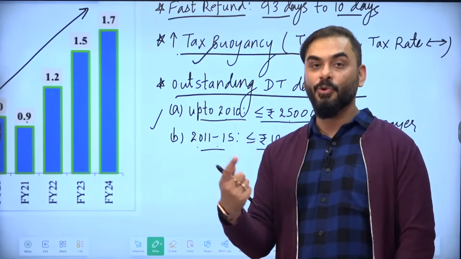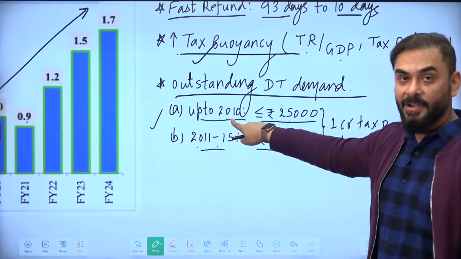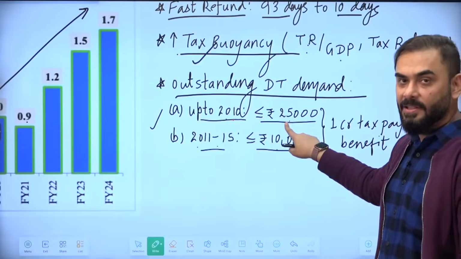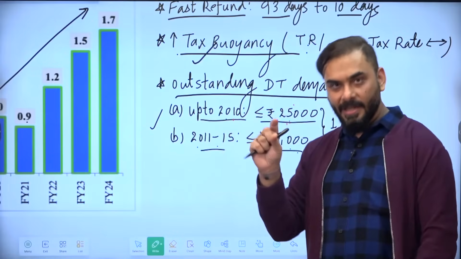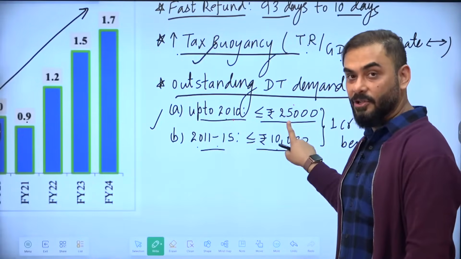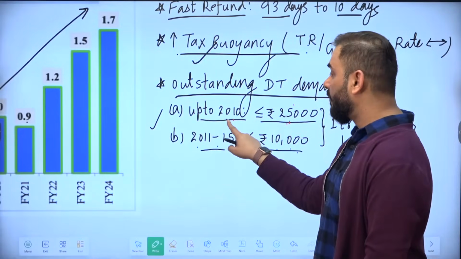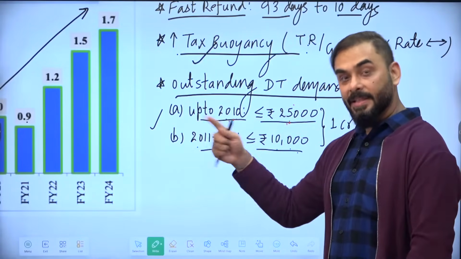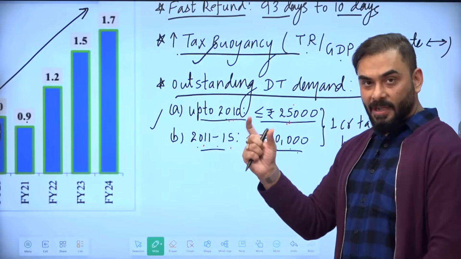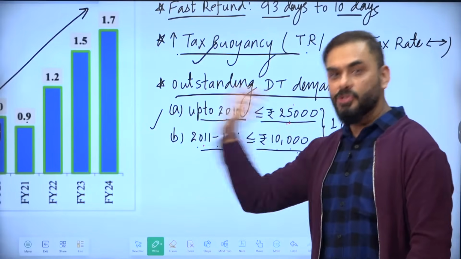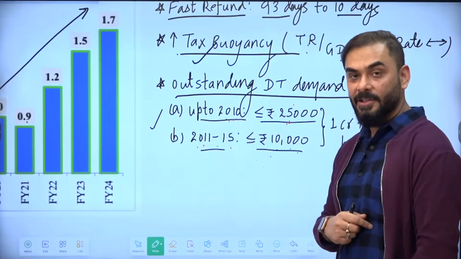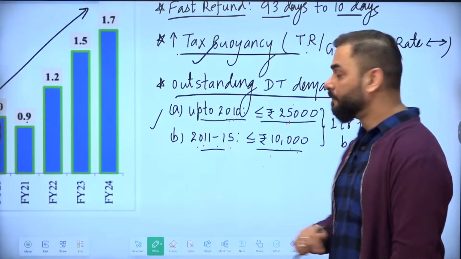Otherwise, the government keeps on sending notices saying you have not paid your 26,000, 27,000, 30,000, or 20,000, 15,000. So if the amount of miscalculation or misreporting is less than 25,000 but before the year 2010, then the government says I'm ready to forego. But for 2011 to 15, if the amount you are supposed to pay to the government is 9,000, 8,000, 7,000, which means less than 10,000, the government says I'm ready to forego it.